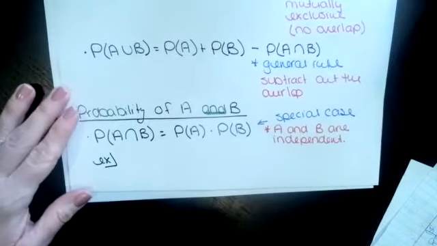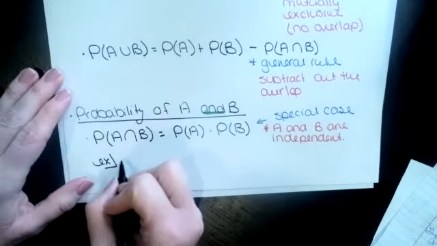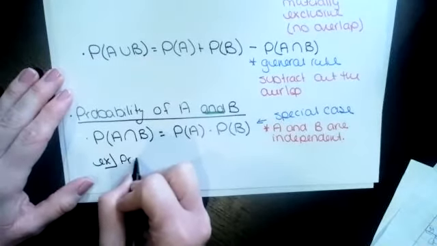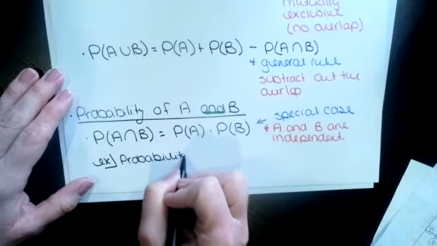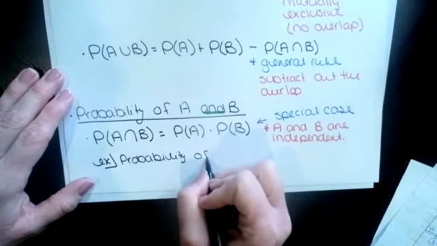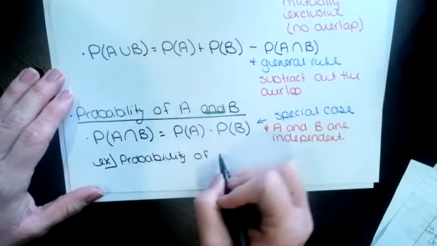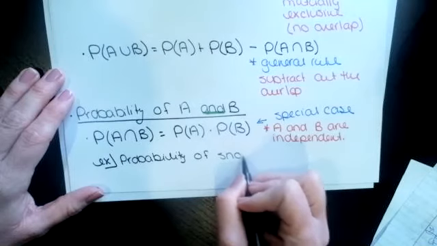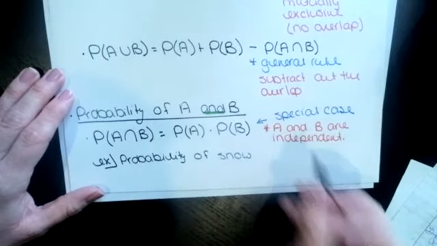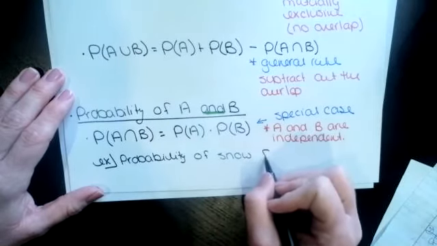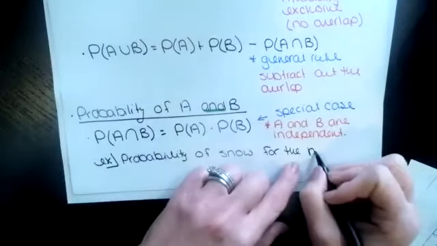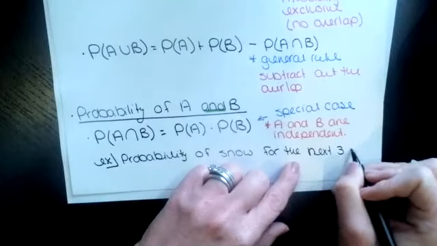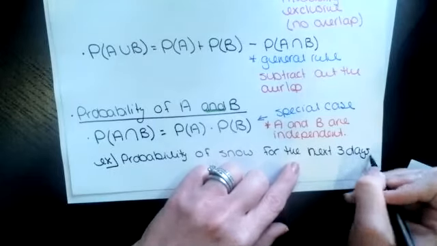So if we have an example, so maybe I want to look at the probability of snow. I have to say snow because we're in that season, for the next 3 days. So I want to know, what is the probability of the next 3 days?